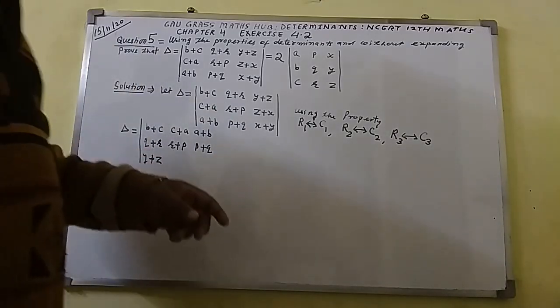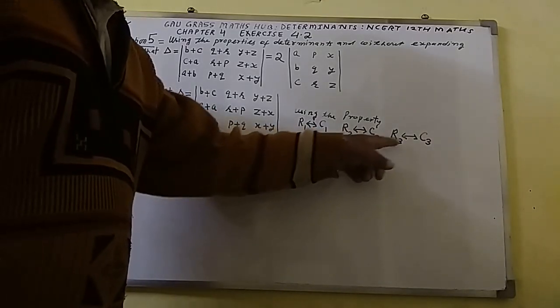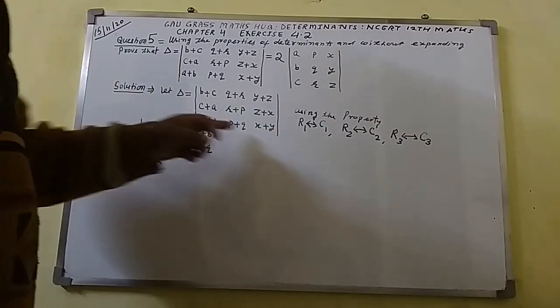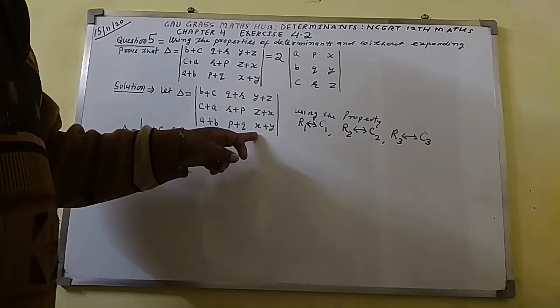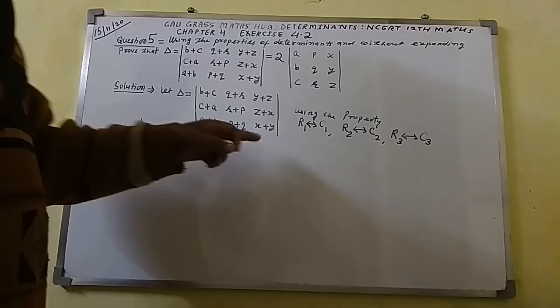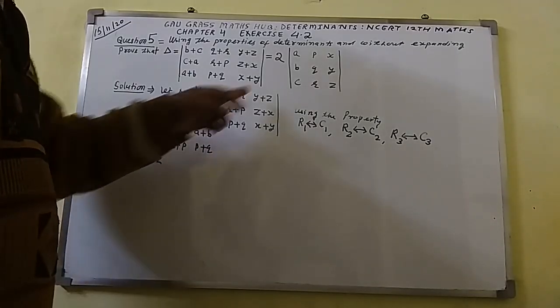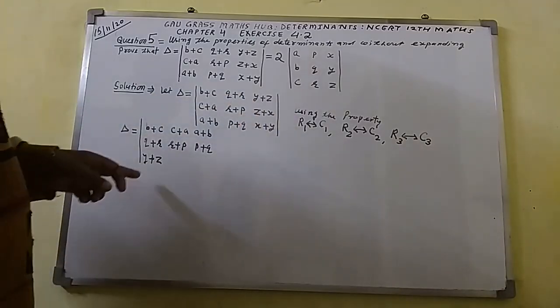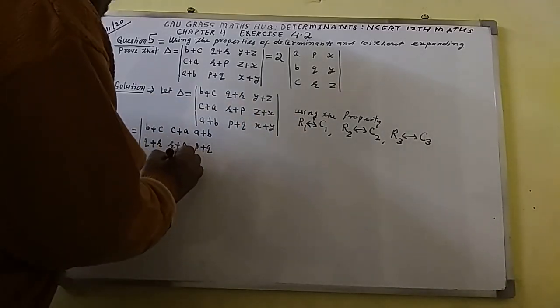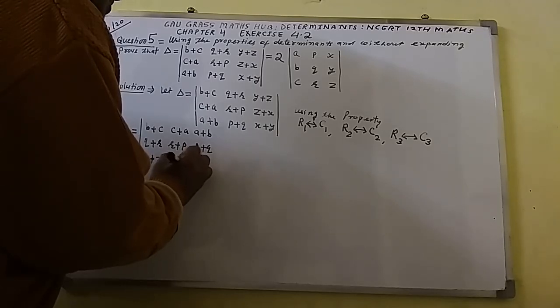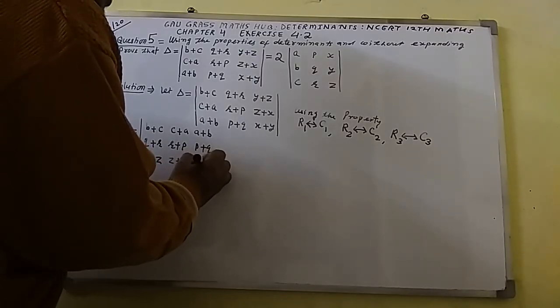In a similar way, R3 interchange to C3. So in place of R3, I shall write here C3: y plus z, here write z plus x, here write x plus y.